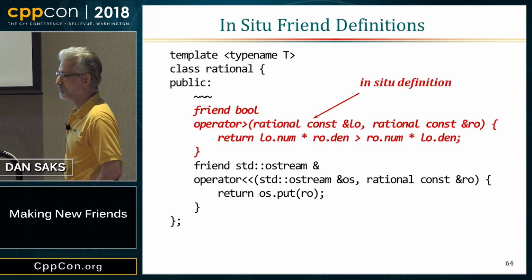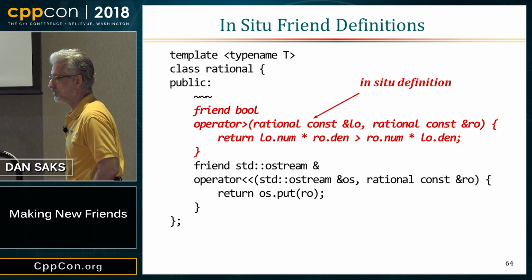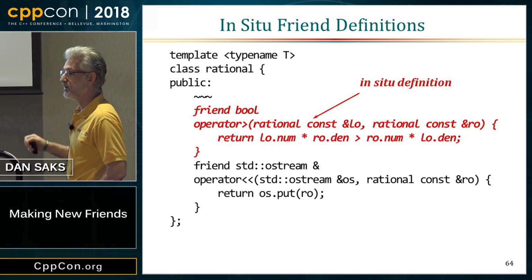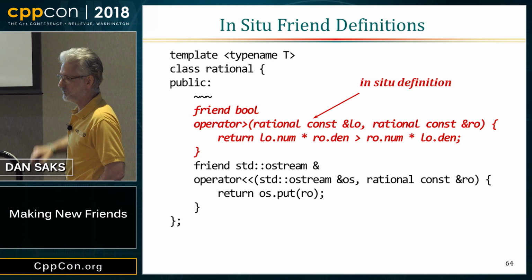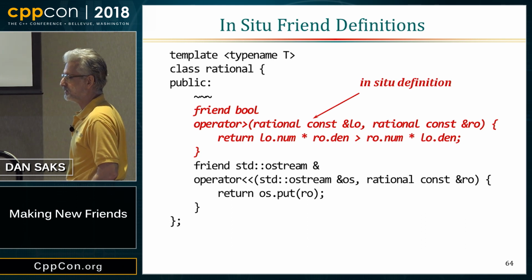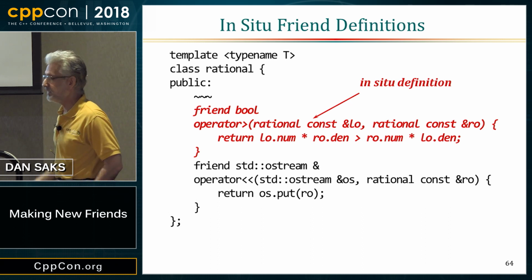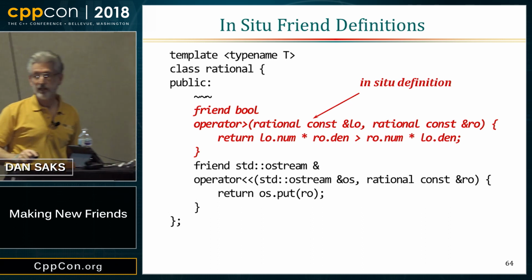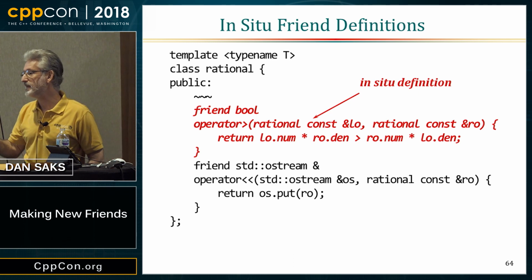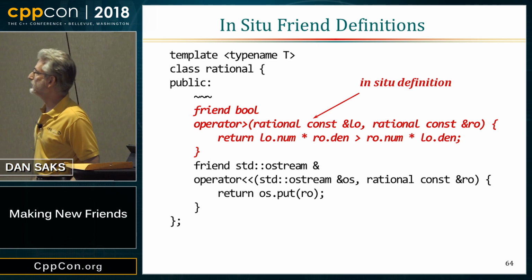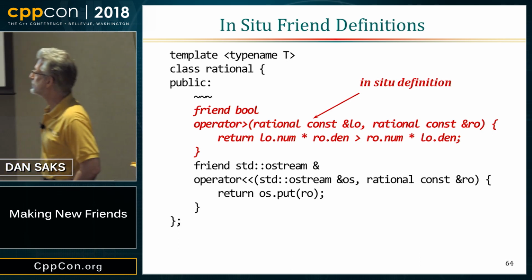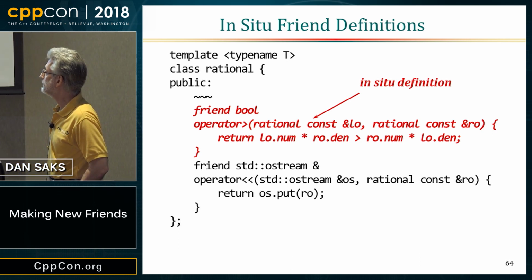But if it's a member template, why would you? Oh, you're talking about putting a member template definition physically inside? I think you can. I think the syntax permits that. But in this case, I didn't need it to be a member template. It turns out that just making it a friend function defined inside its class worked.